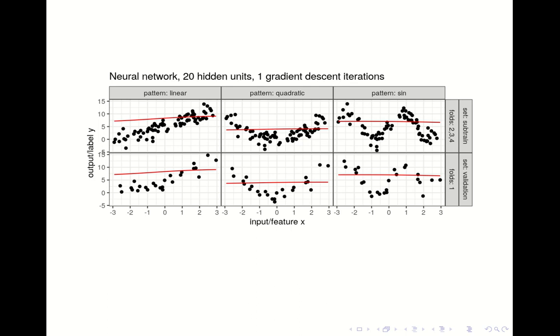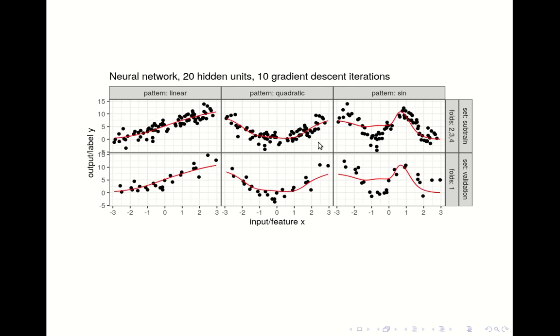So anyway, after having only done one iteration of gradient descent, we see that none of the predictions look very good with respect to the data, right? So here the red line is too high. Here the red line is just flat, where it should be going down and then up again. And here again, it's way too flat, whereas it should be going down, up, down, right?